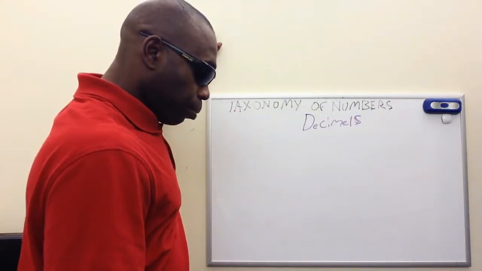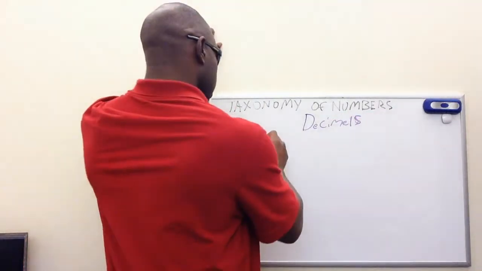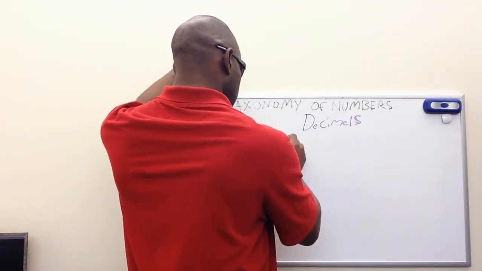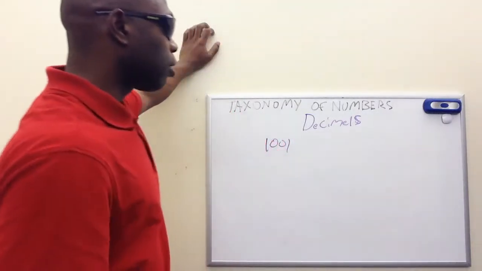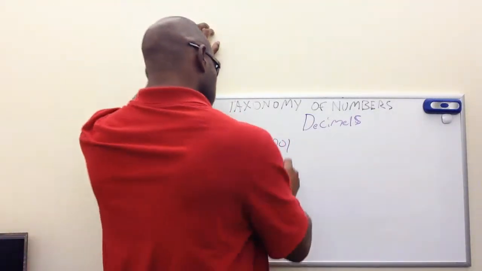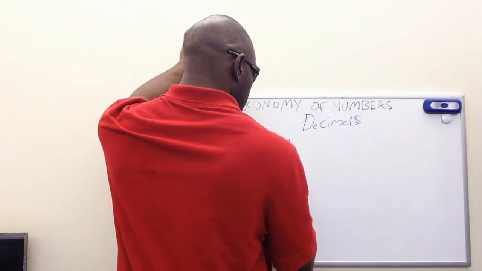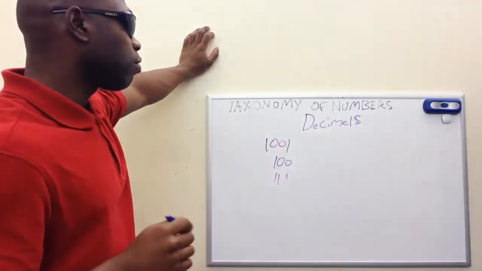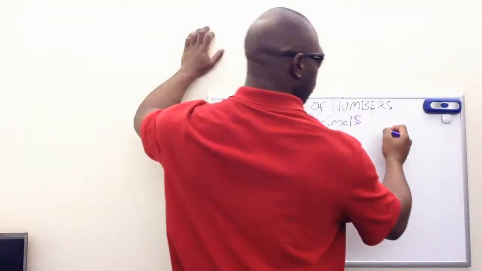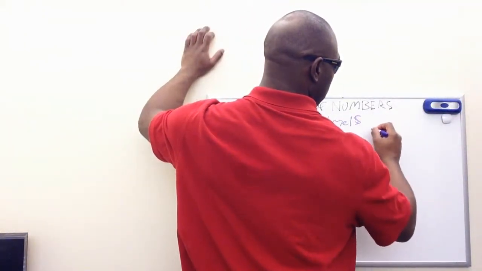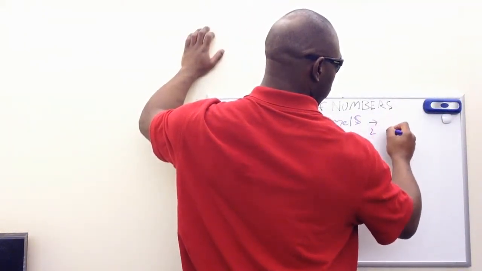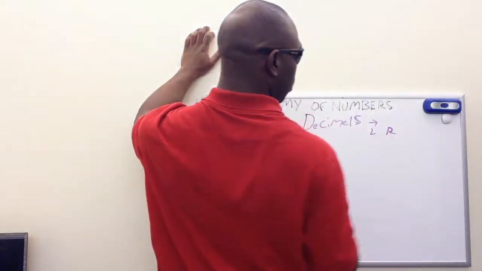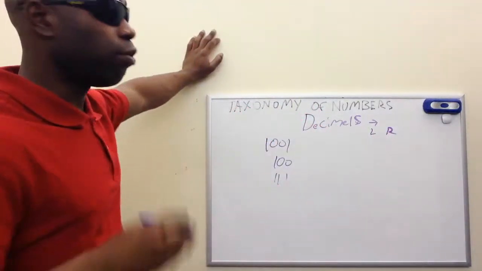Decimals are, okay, what's this number? 1001, right? And this one's 100. And this one's 111. Remember, left to right. That's the way we read our mathematics.